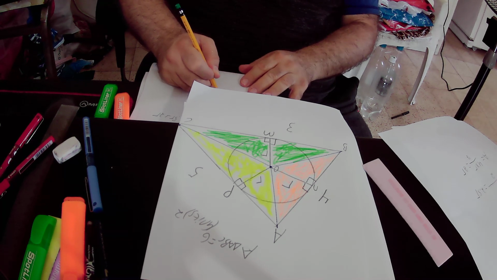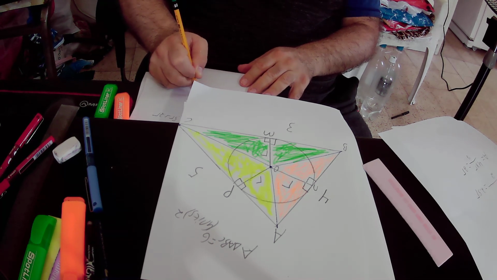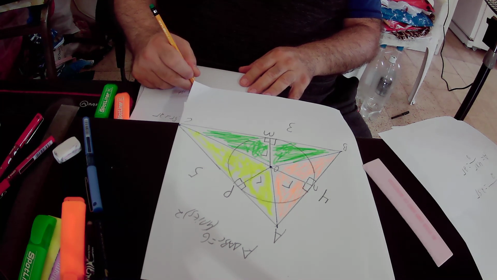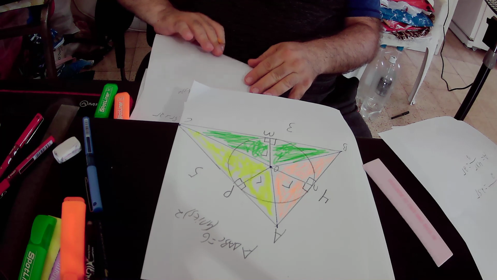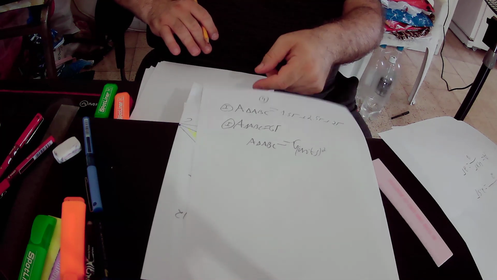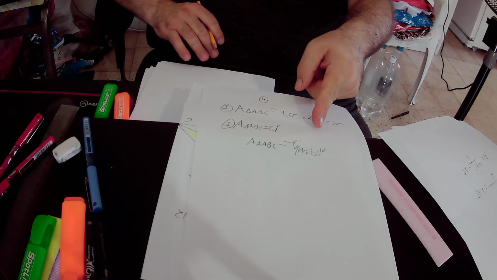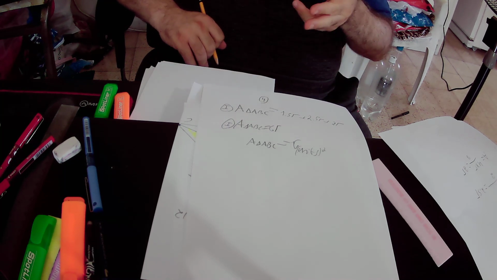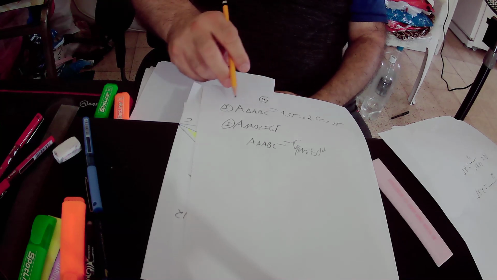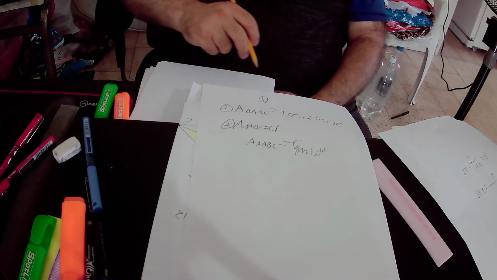It is given to us in the question. Okay, we know that the area of triangle ABC equals 6 units squared, so we can substitute the area of triangle ABC in the first equation by 6.